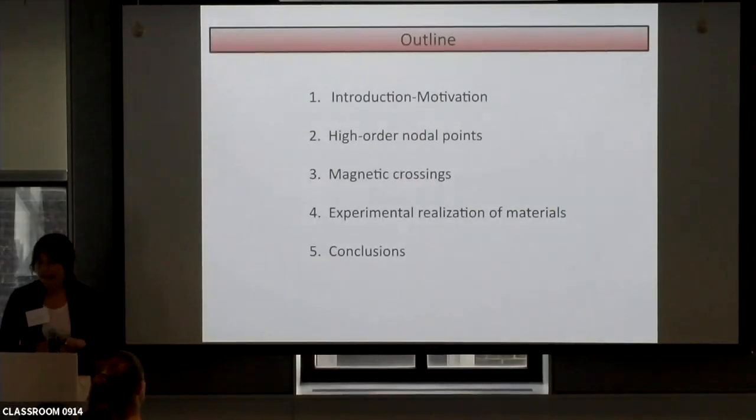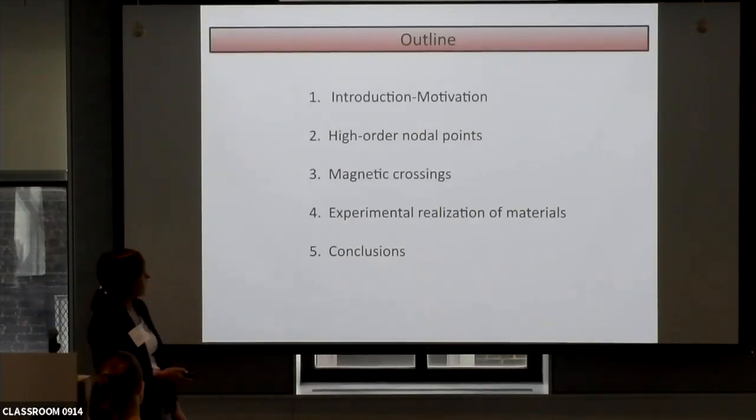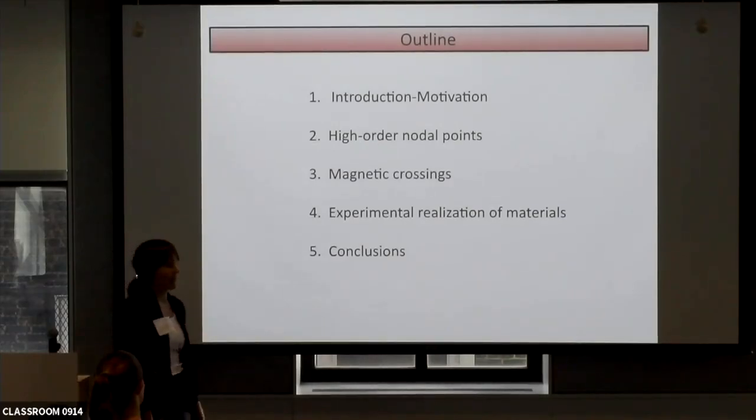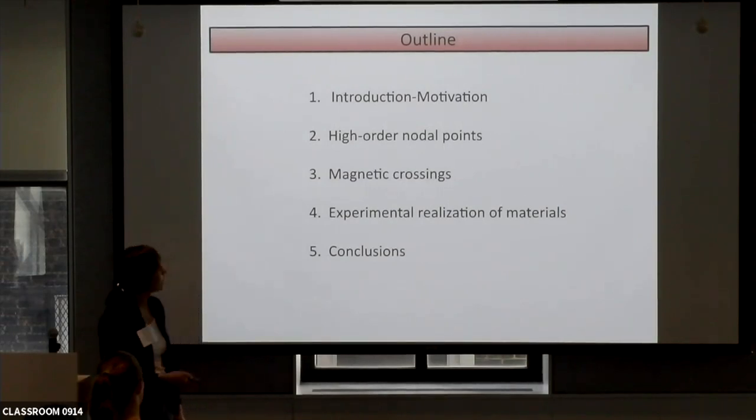Okay, so following these 3 steps, this is going to be the outline of my talk. Introduction and motivation to the topological semi-metallic phases. Then the first prediction, realization, and experimental measure of high-order nodal points in paramagnetic materials.